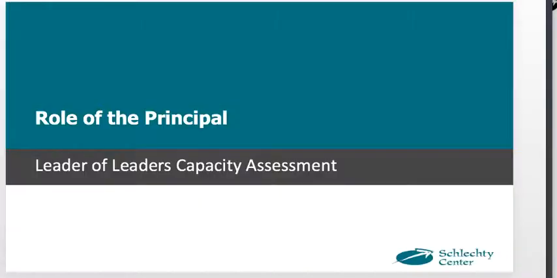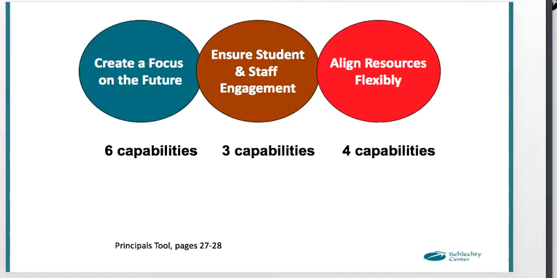We'll begin by looking at the role of the principal through the 3 capacities: create a focus on the future, engage student and staff, and aligning resources. We will not attend to all of the capabilities within each of the capacities, but rather we'll focus on one capability per capacity.